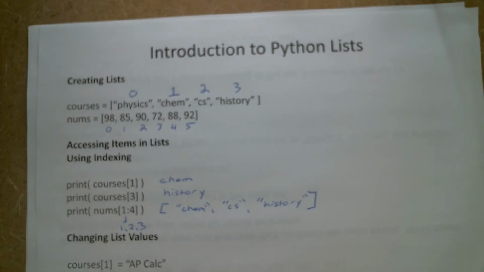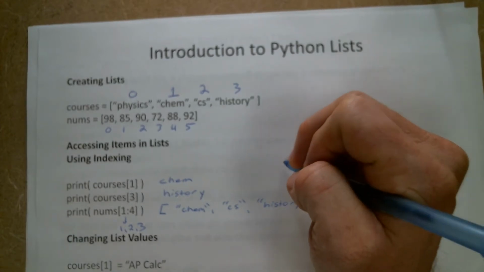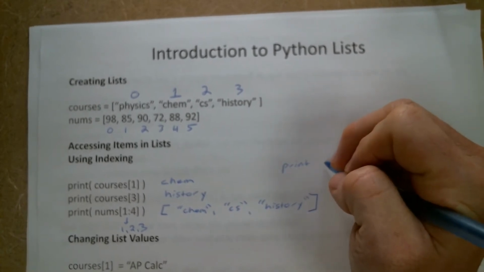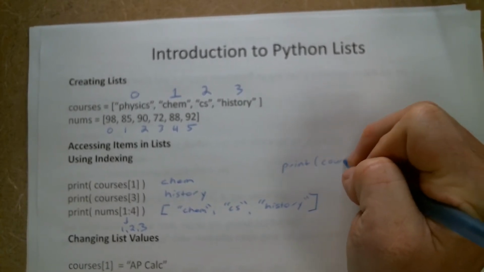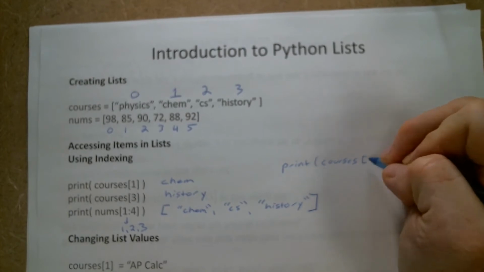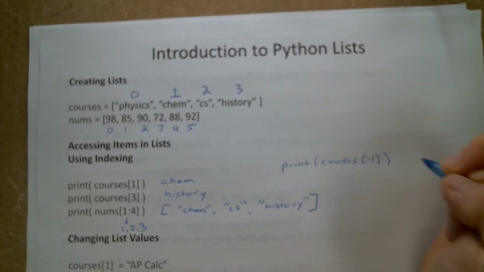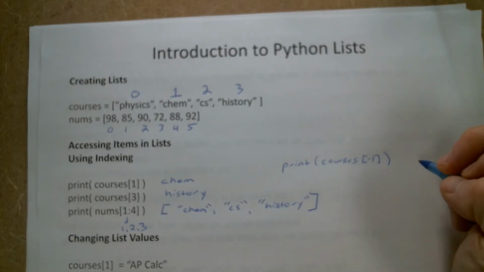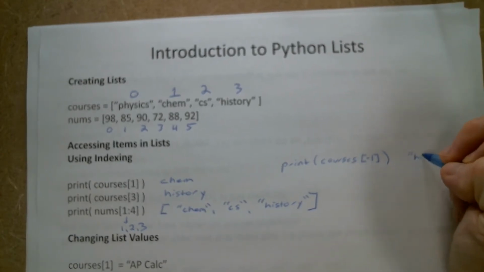Now, a thing that's a little weird in Python that doesn't really exist in most other languages I've dealt with is you can also have negative indexes. So if I were to say print courses of -1, that actually works backwards through the list, and this would print out history.